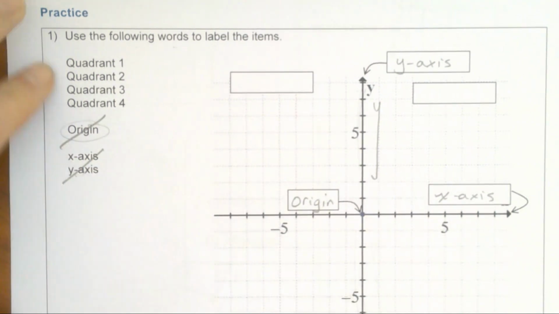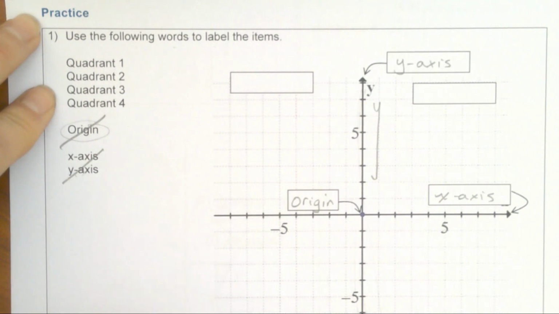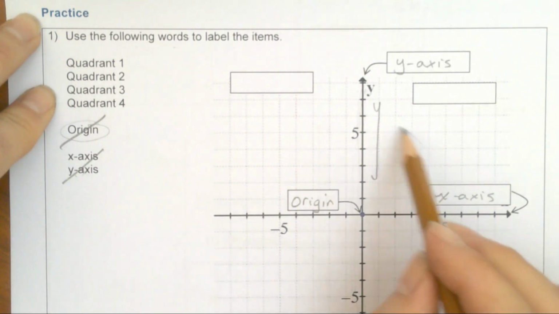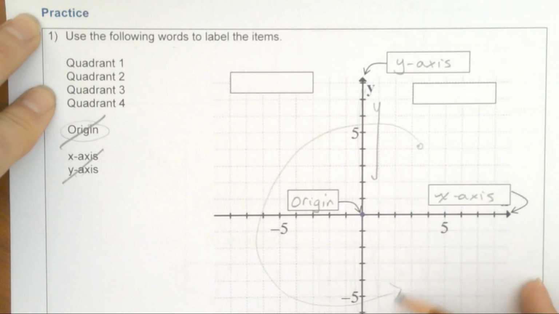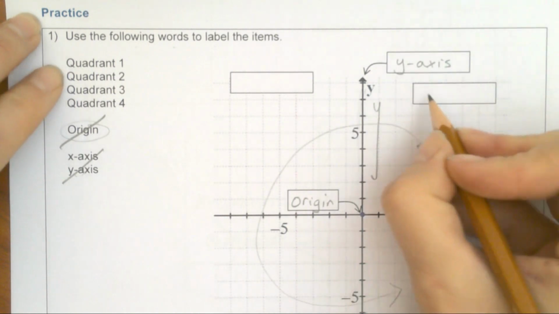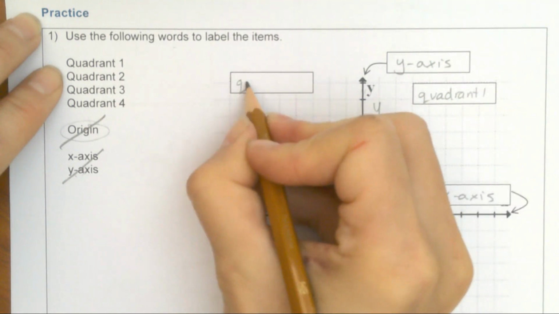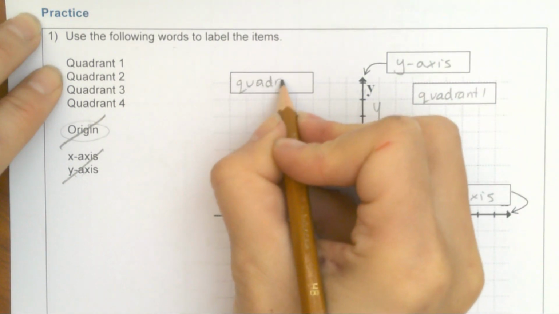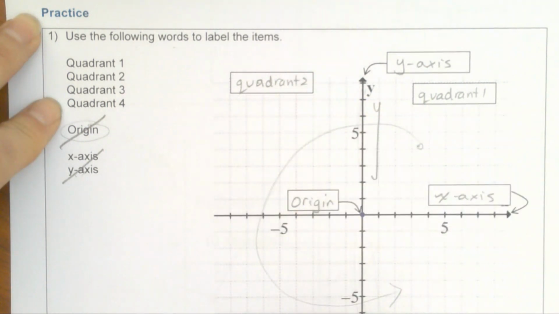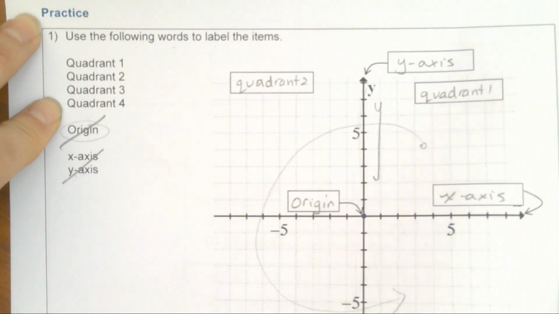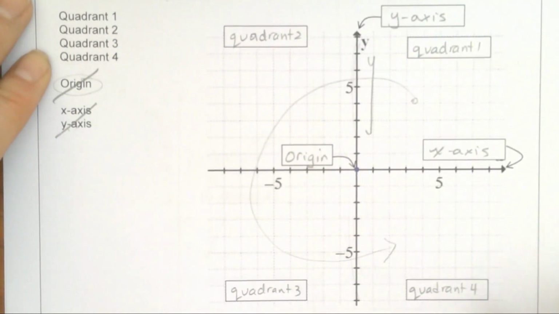So now we have the different quadrants, but which one is number 1? We always start here and go this way. So this one is quadrant 1, quadrant 2, quadrant 3, and quadrant 4. Okay, so you need to know these vocabulary words. Oops, you can't see the ones at the bottom. There, quadrant 3 and quadrant 4. Okay.